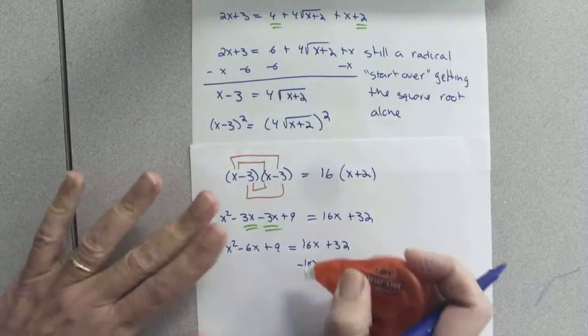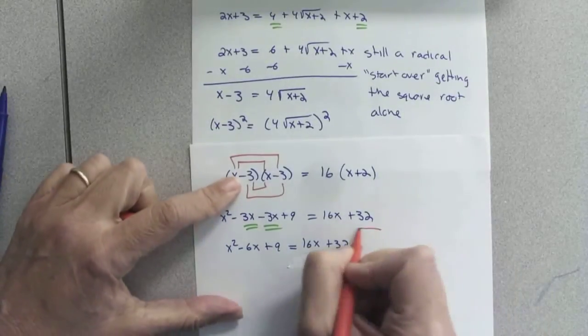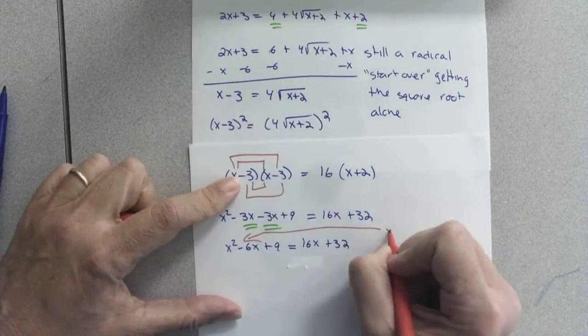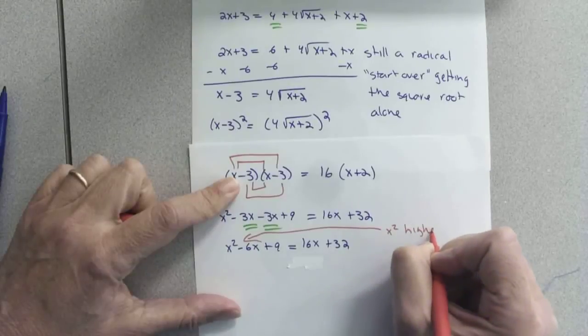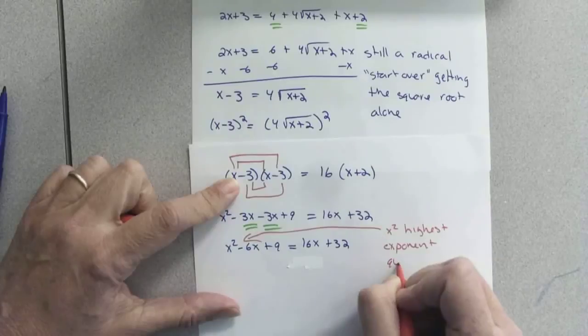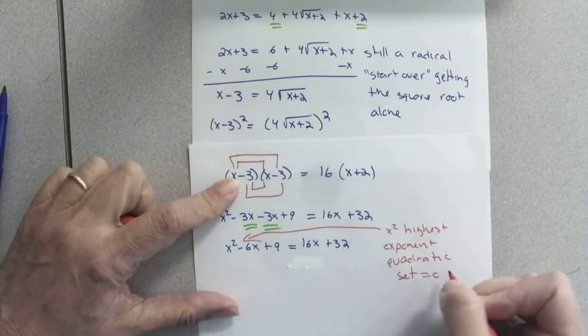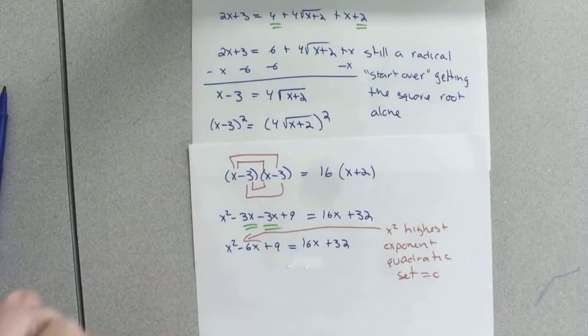Then you step back and you look to see what you got. And I see that x squared. That's the highest exponent. That makes it a quadratic. Set it equal to 0. And so that's what I'm going to do.